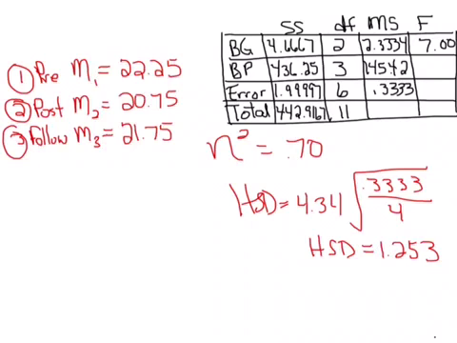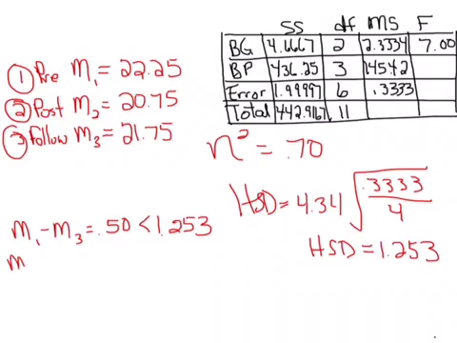So now I can use those means to see if the differences are larger than my HSD for those post hocs. The first thing I did is mean 1 minus mean 3. 22.25 minus 21.75, group 1 and group 3, I got 0.50. Well, that's less than 1.253, so that's not significant.